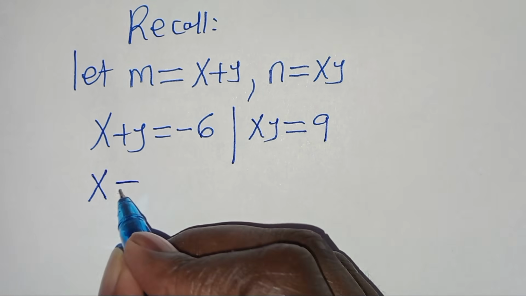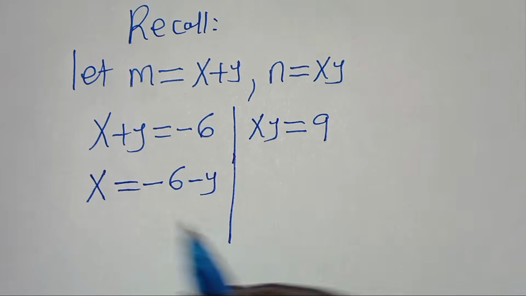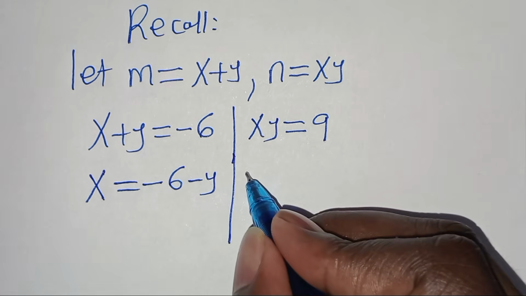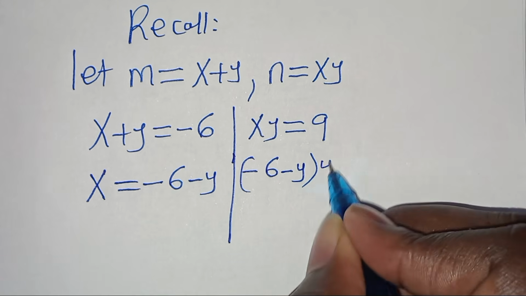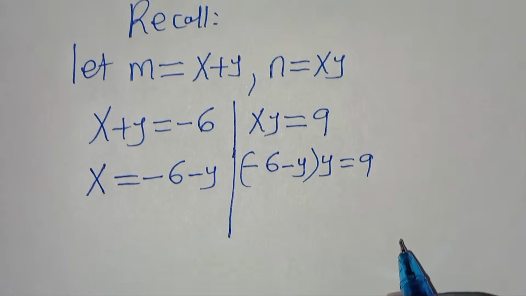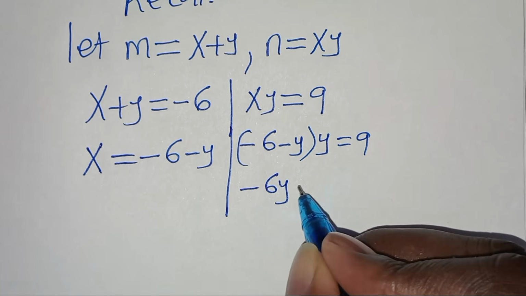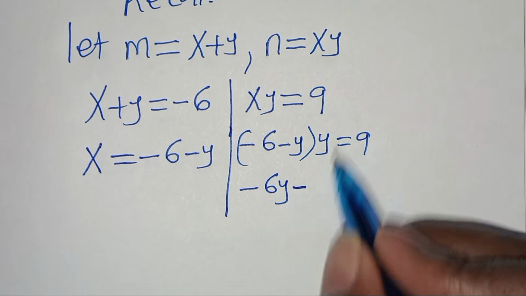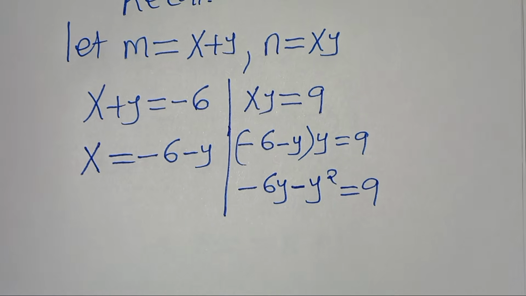So x is equal to minus 6 minus y. So let's substitute x here. So we have minus 6 minus y multiplied by y, equal to 9. So minus 6 times y is minus 6y, then subtract y times y, this is y squared. This is equal to 9.